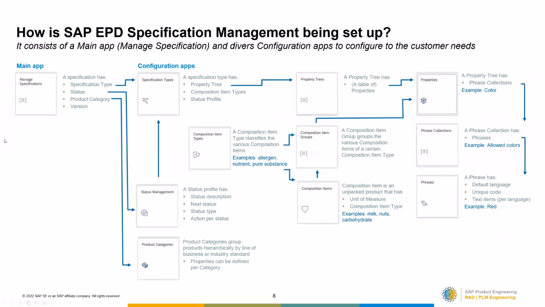So we have one main application, which is our managed specifications application, where all of the data to one raw material, one product, etc., comes together, and we can really leverage it from there. But we have a lot of configuration applications that make this possible. So the definition of specification types to assign status profiles, or the property trees then in the end to really show how the properties are visualized. A status management has to be there as well, which we already just saw.